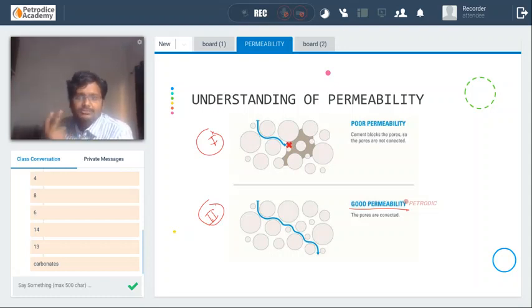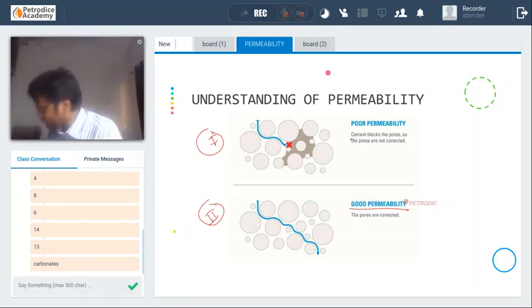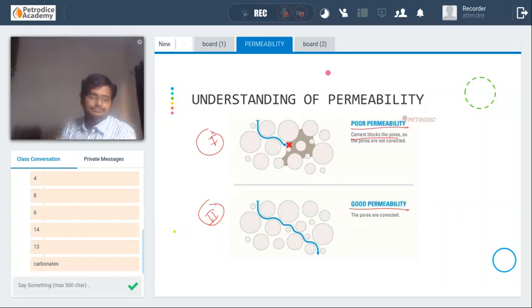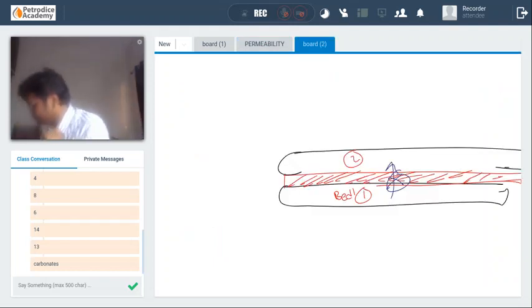Due to the presence of cement in these pore spaces, it is not allowing the fluid to pass through it. The cement blocks the pores, so the pores are not well connected. So this system has a poor permeability. Okay, and you need to remember this. This is very, very important.